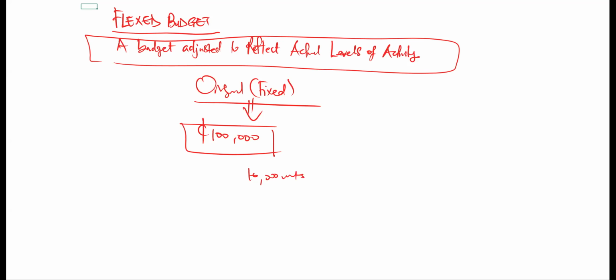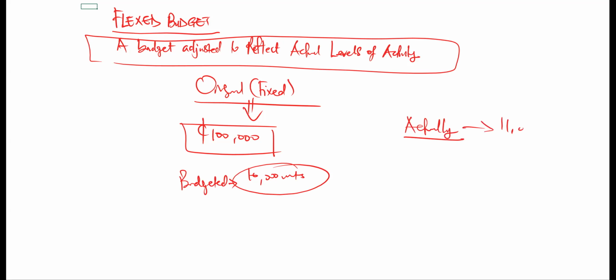Now, if we budgeted to produce 10,000 units, and actually we ended up producing 11,000 units, we are saying that this 10,000 is not useful for decision making anymore.